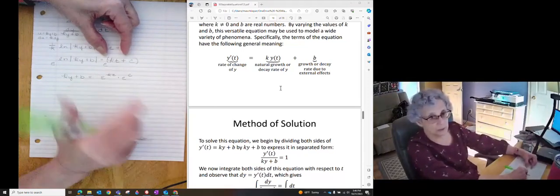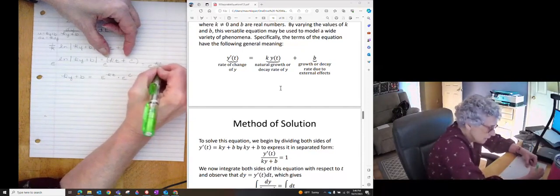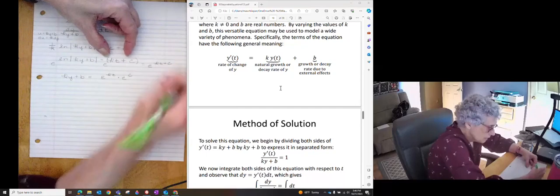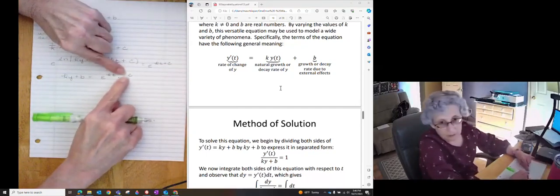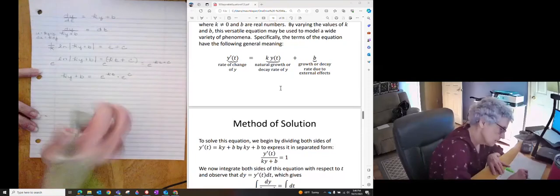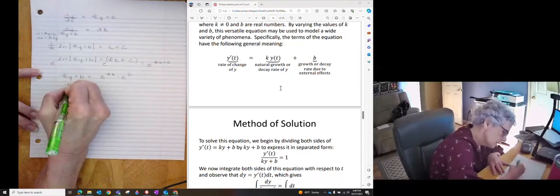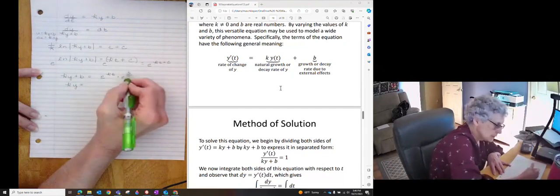Because this isn't our first rodeo, we know that this is equal to e to the kt plus c, and adding exponents is just the same as the same base raised to that exponent.